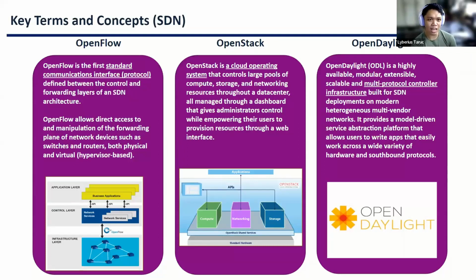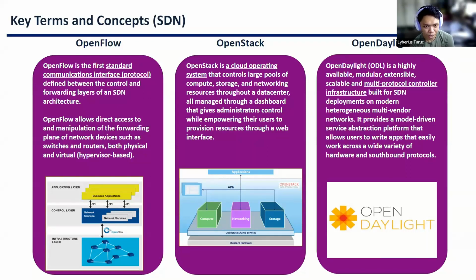OpenFlow is actually the first standard protocol used for SDN. So OpenFlow is a protocol. This is one of the several protocols that you implement inside your SDN controller. And one thing great about OpenFlow is that it is open source. In other words, it can be developed.